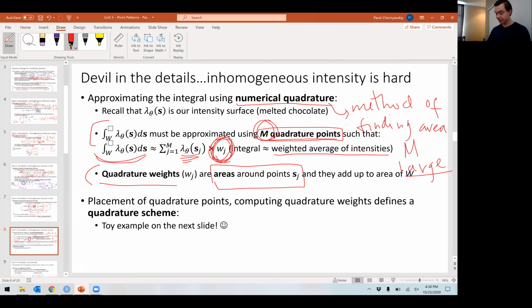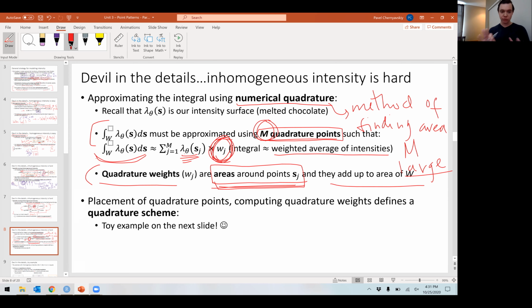At the points where we're taking the approximation, basically lining up and figuring out how much chocolate we're looking at, how tall the chocolatey surface is, we can only go up and measure this at a finite number of places. Therefore we're going to put a space around the places where we made a measurement, and the weights will be equal to the area around our quadrature point. And of course, then our weights will add up to our observation window.